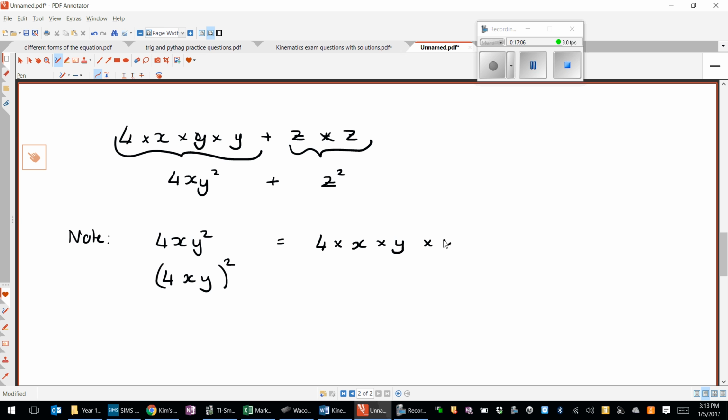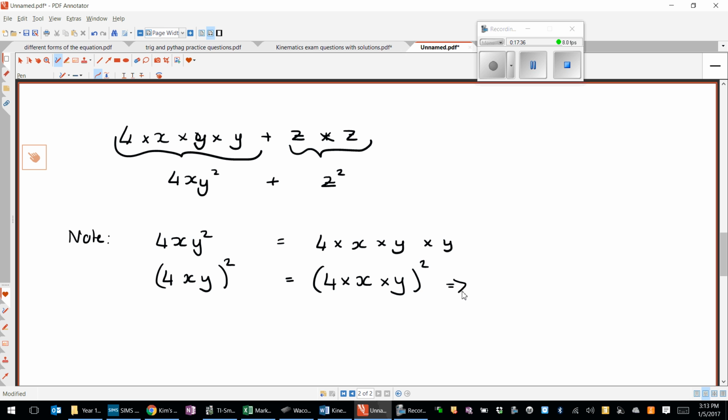What would this one be? 4 times x times y, and then that to the power of 2.